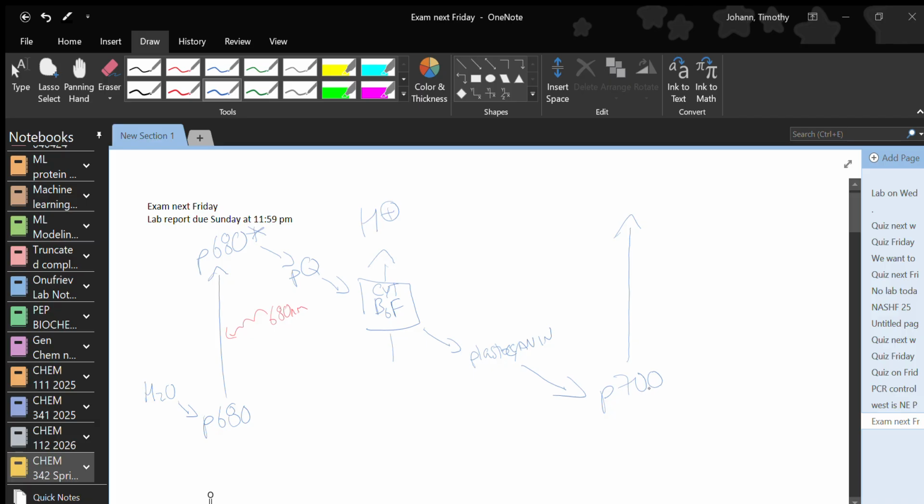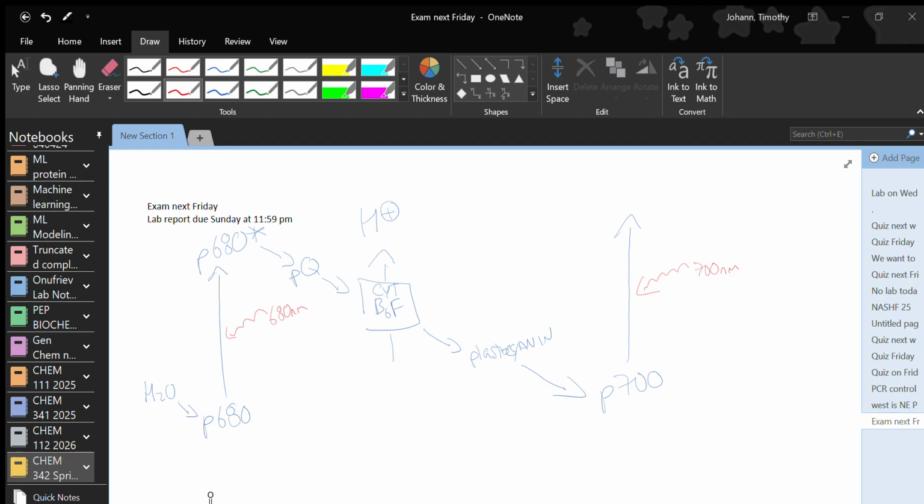So P700 is pretty stable in its reduced state right there. And then it's going to absorb light of 700 nanometers. And remember, we've got our antenna complexes that have all the different things that can absorb various energies of sunlight.